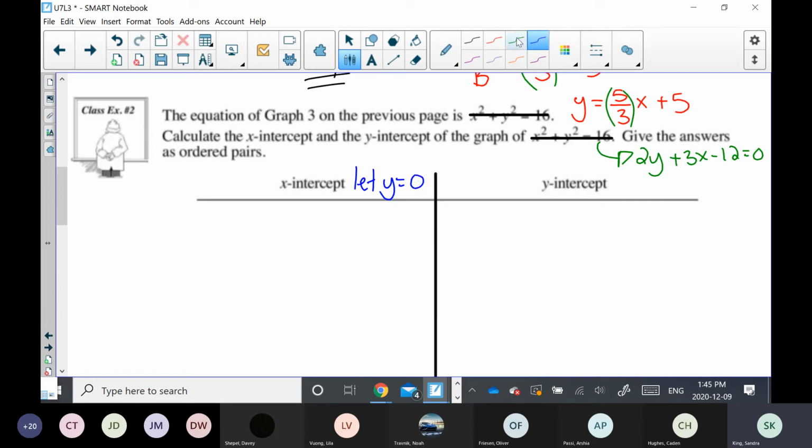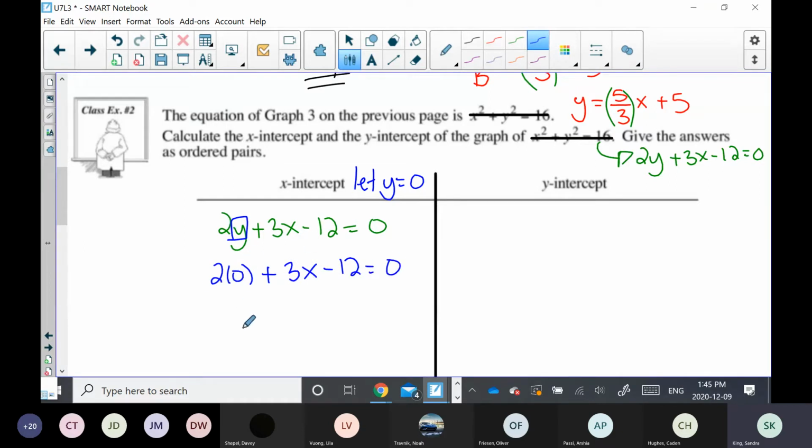So you take your equation, which is 2y plus 3x minus 12. And in this, they want the x-intercept. So I'm going to take out this y and I'm going to stick in a 0. So 2 times 0 plus 3x minus 12 is equal to 0.